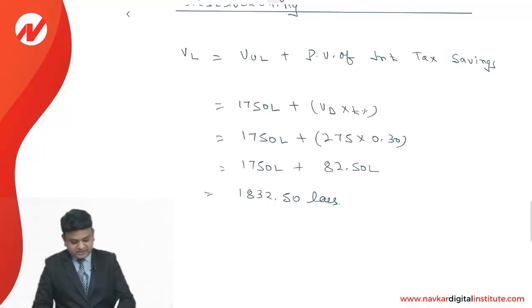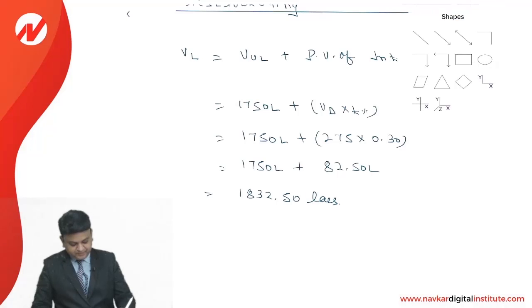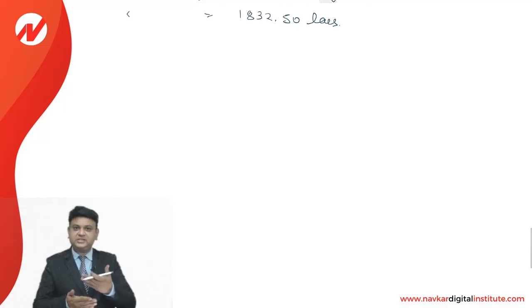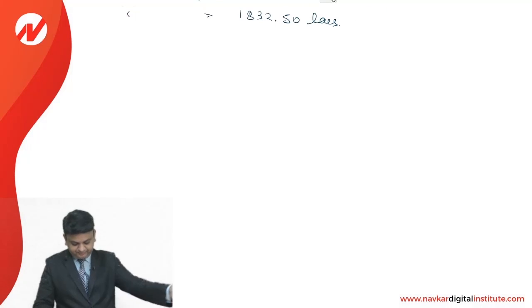Now friends, as far as the present value of the interest tax saving is concerned, it can be calculated using an alternative formula. Just for understanding purpose, I am telling you.